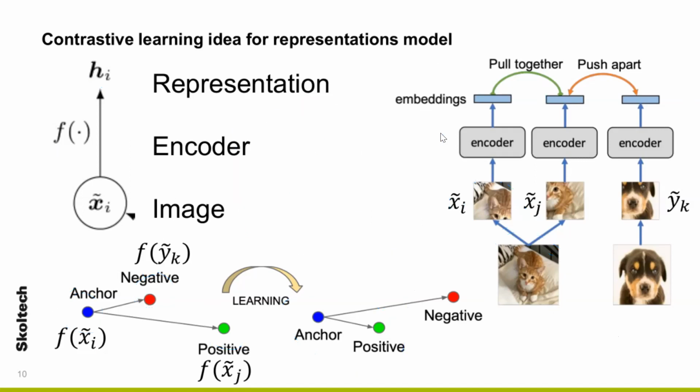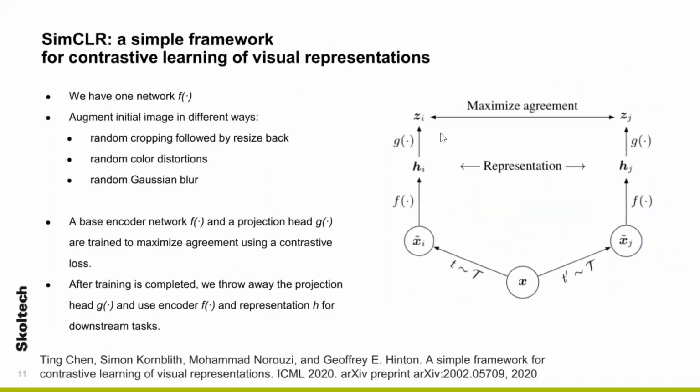So let's think about something more sophisticated. A good example of this is an approach that actually does not need negative samples. It trains only on positive pairs. That's the magic that's happening.